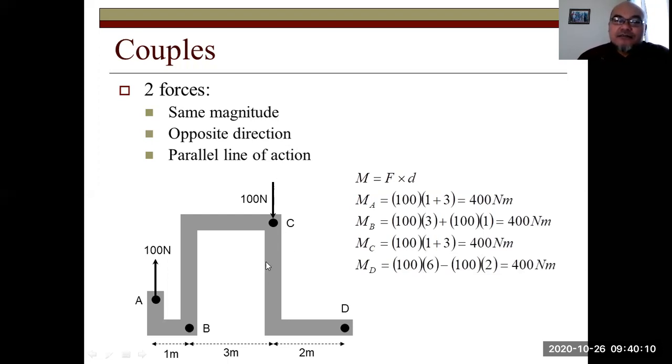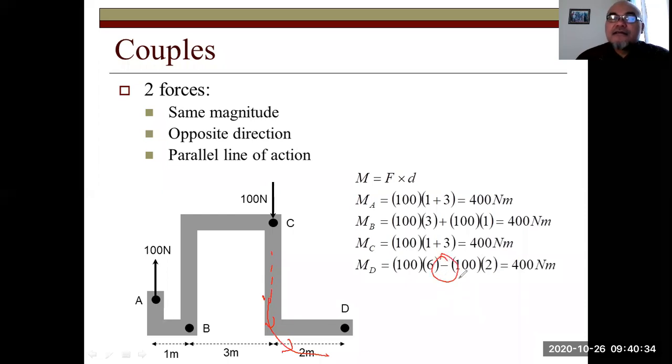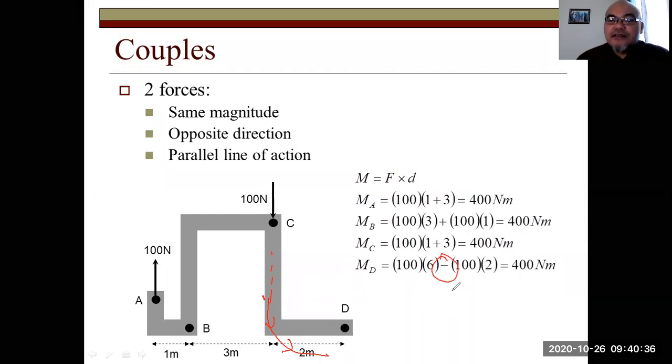This is pointing downward, so intuitively it will rotate the structure counterclockwise. So we assign a negative sign here, minus 100 times 2 meter, 200. So 600 minus 200 equals 400 Newton meter.